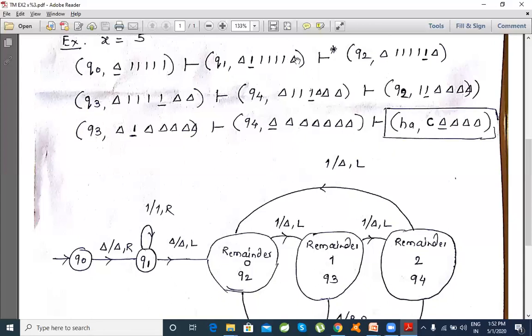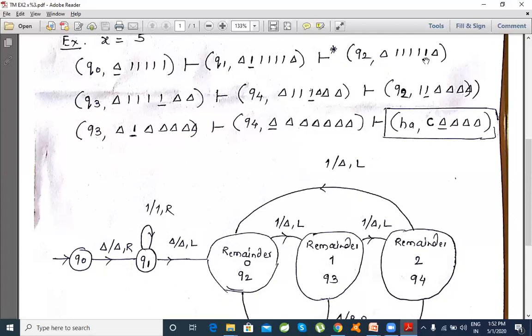Whenever the condition holds true, being in Q1, if you receive null, that null will be replaced by null and we move towards left now. After multiple steps, I'll reach this step. While writing null by null, we switch to Q2 and move towards left.